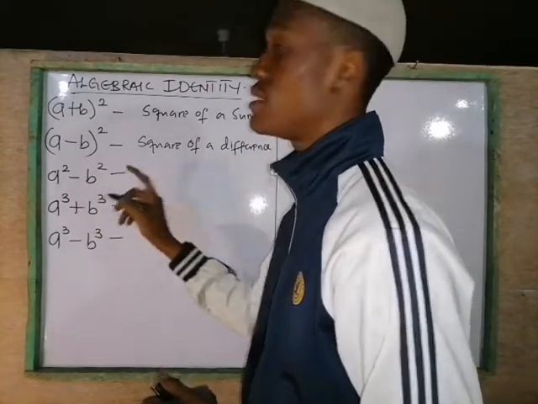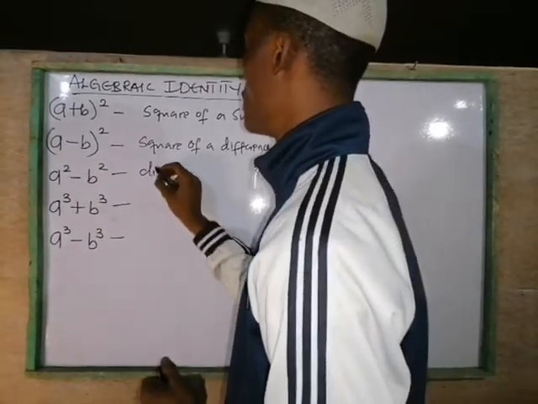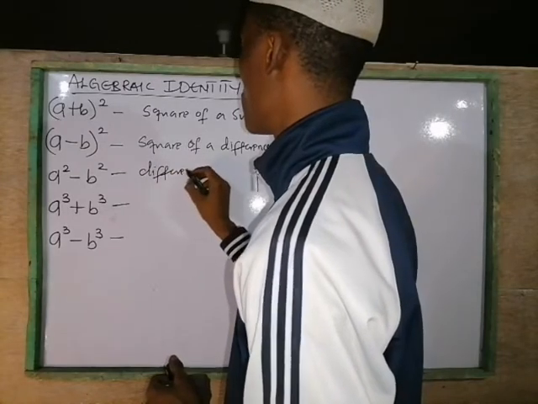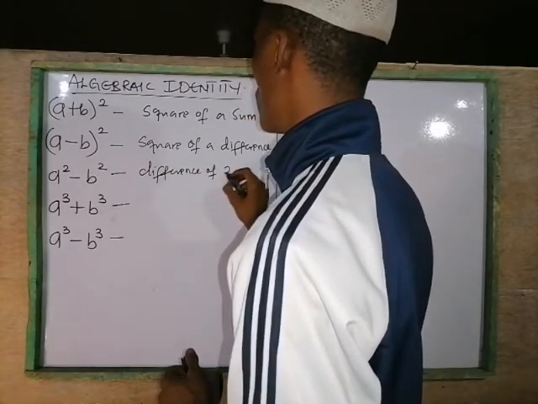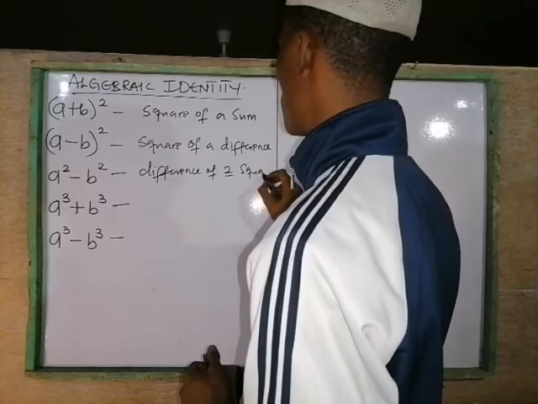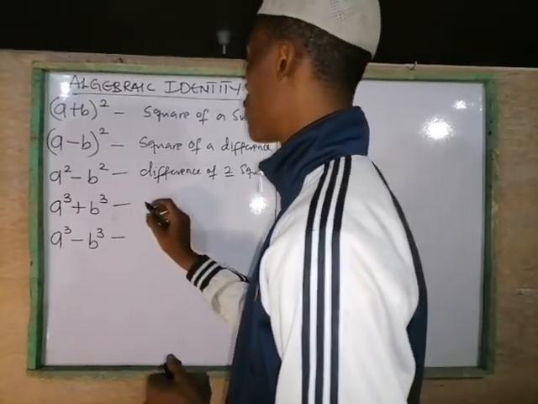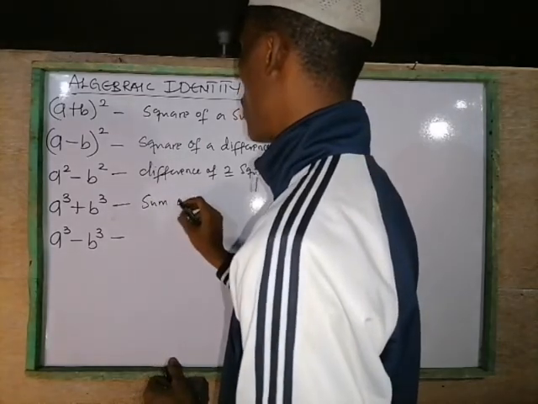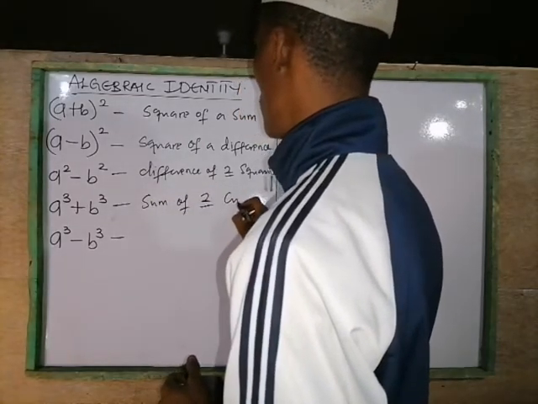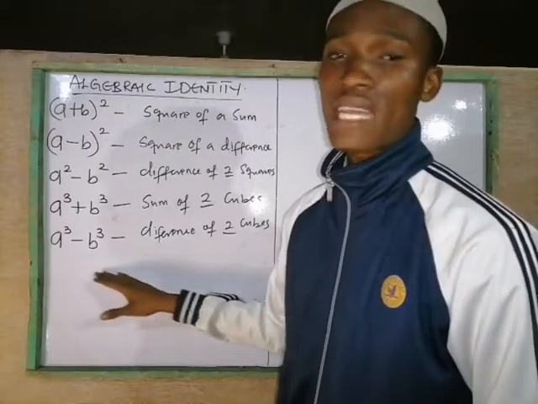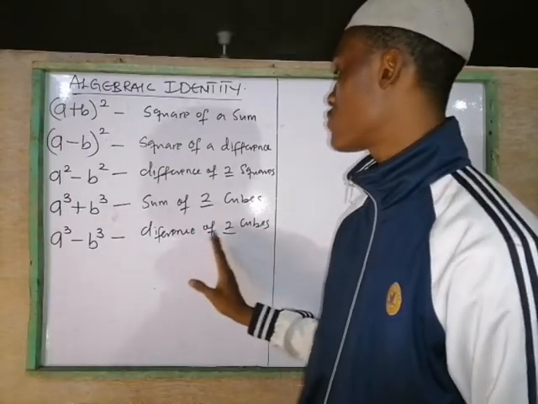This third identity stands for difference of two squares. This fourth identity stands for sum of two cubes. This fifth identity stands for difference of two cubes.